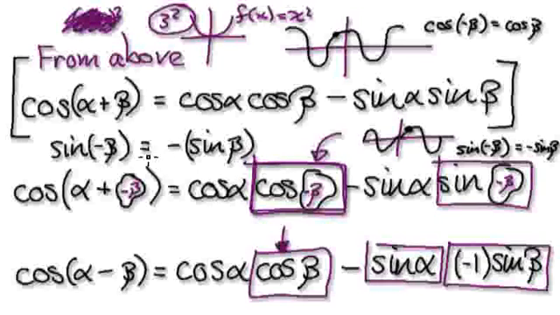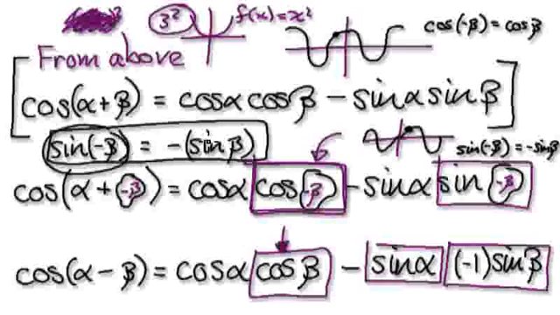You can think of it like this: for any odd function, rather than doing the negative version, you can just do the positive version and then stick a minus in front of it.